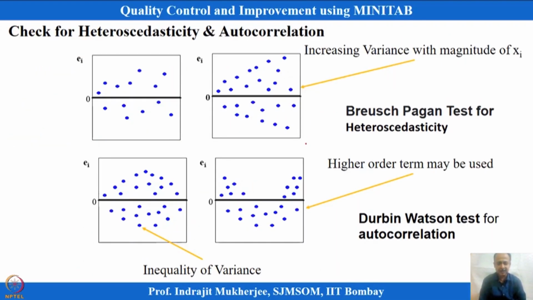So, heteroscedasticity we have already discussed: if this is funnel shaped, in that case it is heteroscedastic behavior. If this is the scenario, then it says that the linear model may not be sufficient, you may have to incorporate second order terms or something like that. This will be reflected in lack of fit, which is known as lack of fit in regression. If you have multiple observations of yi for a given condition of x, then only can I calculate this lack of fit.